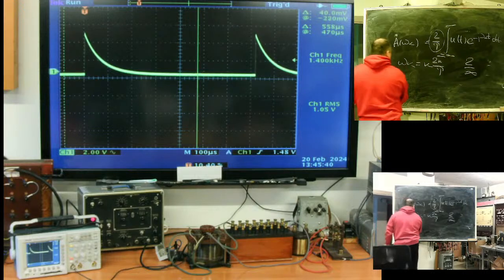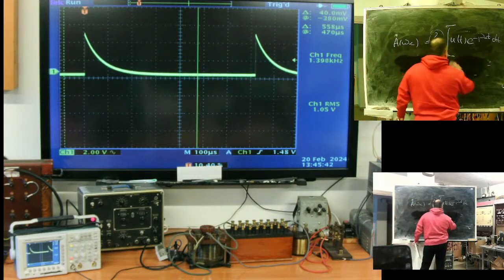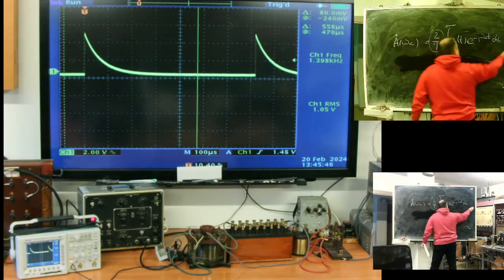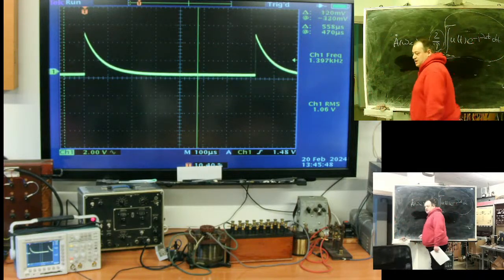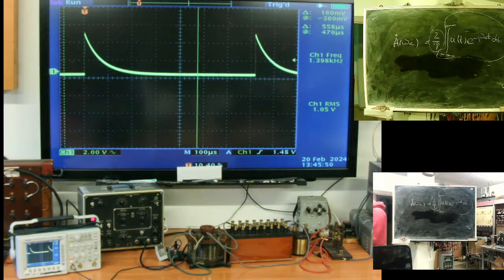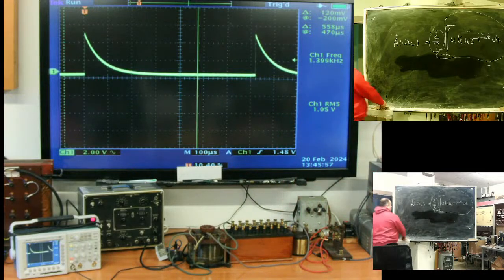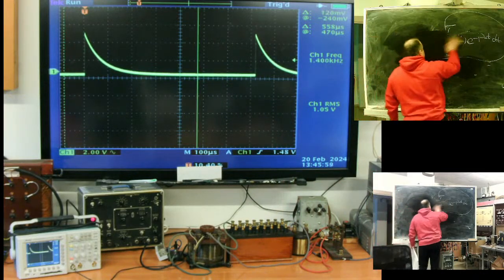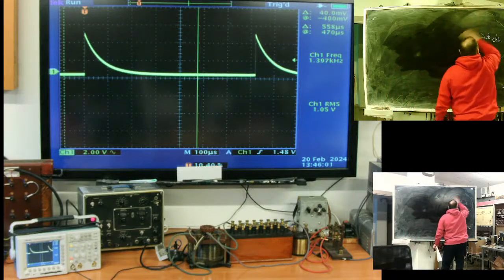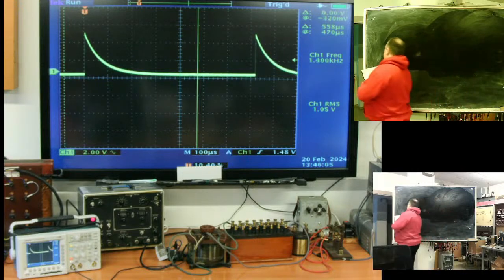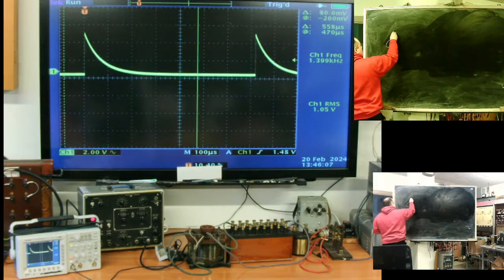Not at all. I still have this part. It's not 0. It's something. I can use it. In theory of signals, name it a spectral function.